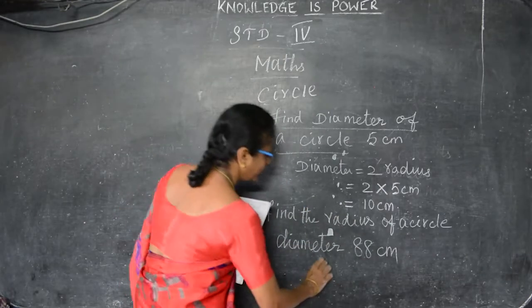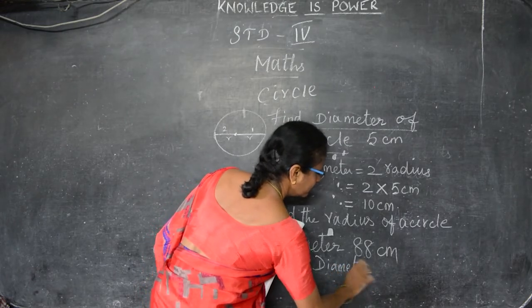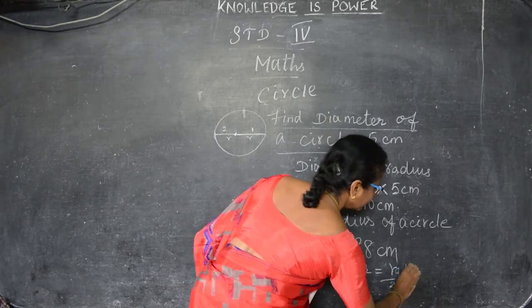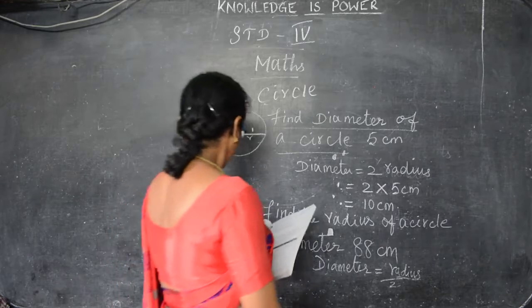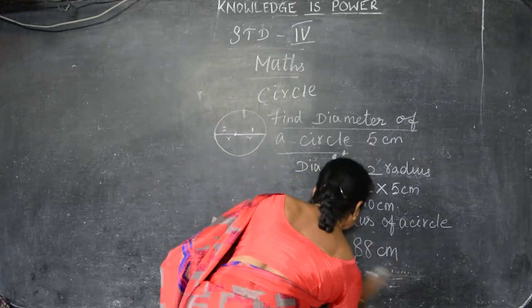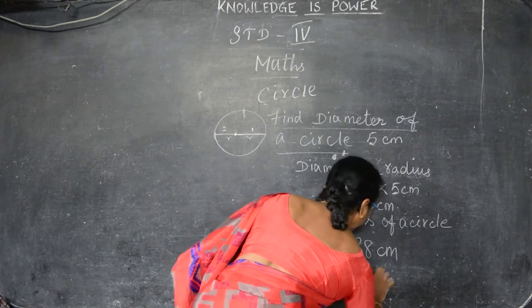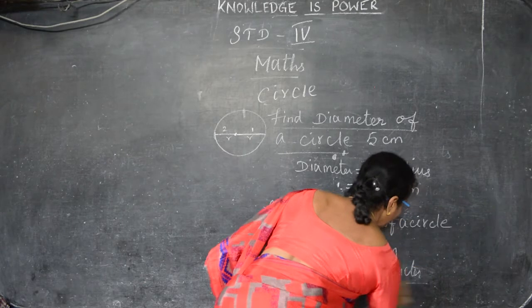To find the radius, radius is equal to diameter by 2.